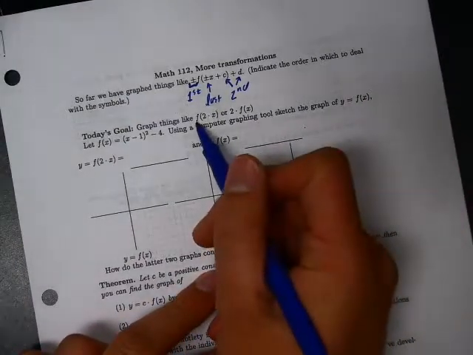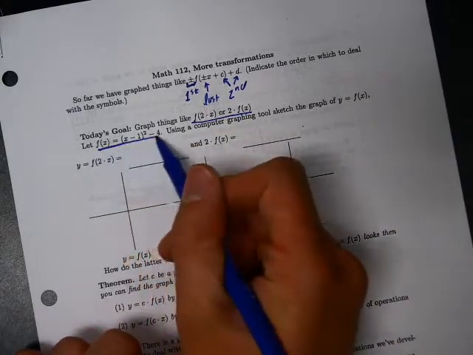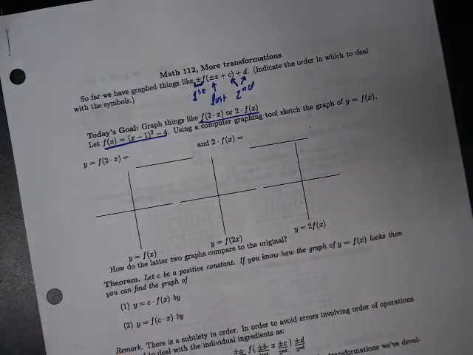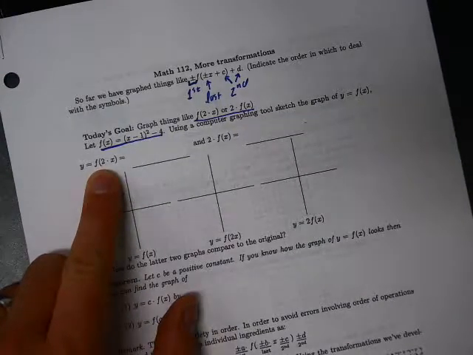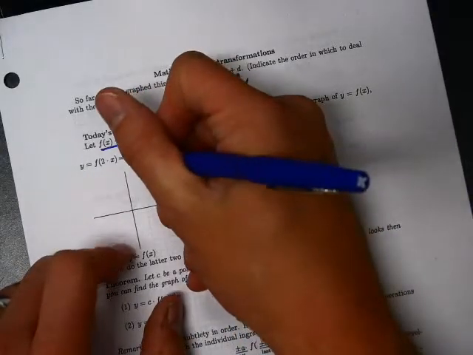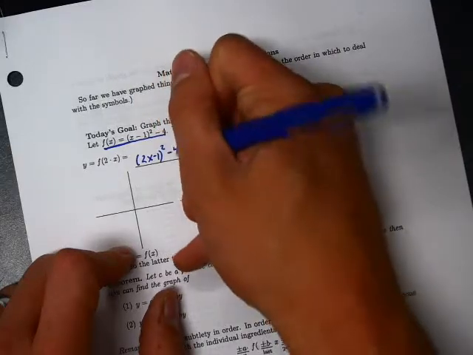Let's try to graph f of 2x and 2 times f of x for this particular function. So let's just understand what functions we even want to graph. We'll have a computer graph them, and then we'll see what they look like. If we want to sketch the graph of f of 2 times x, I'll replace all the x's with 2 x's. That'll be 2x minus 1 quantity squared minus 4.